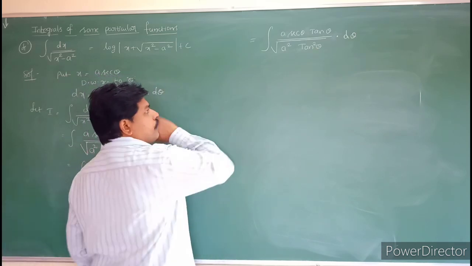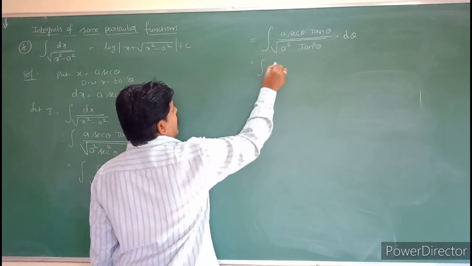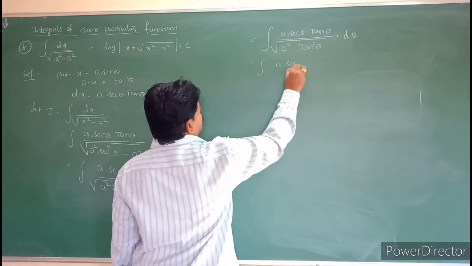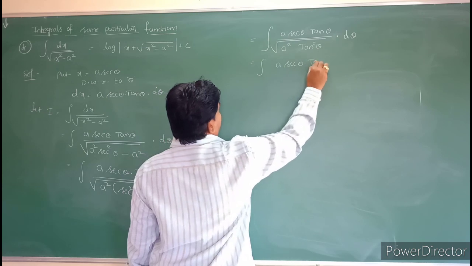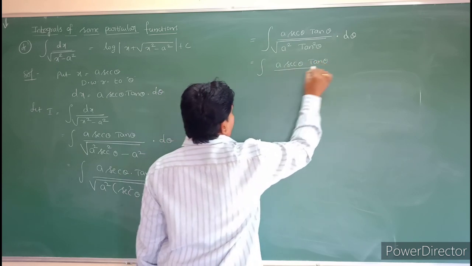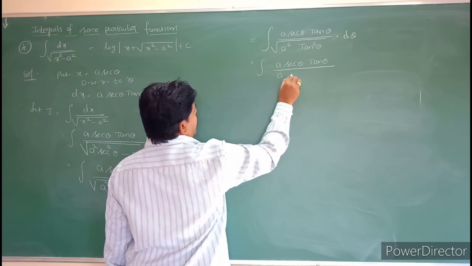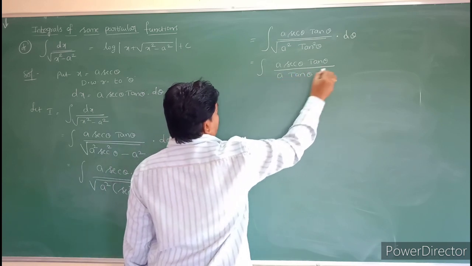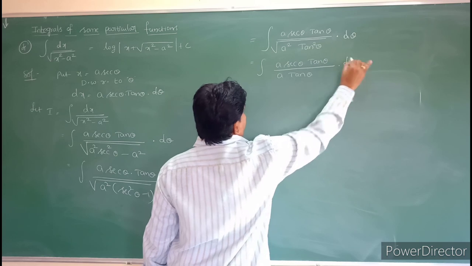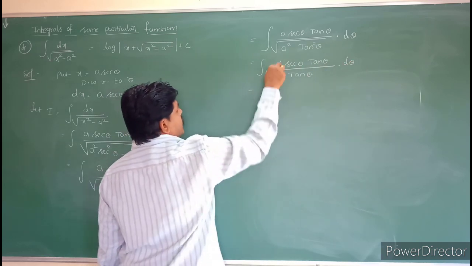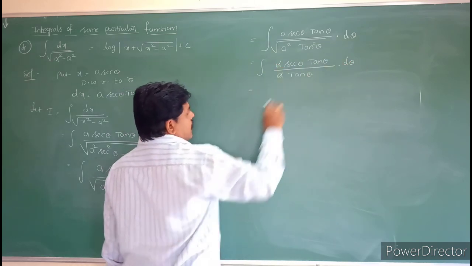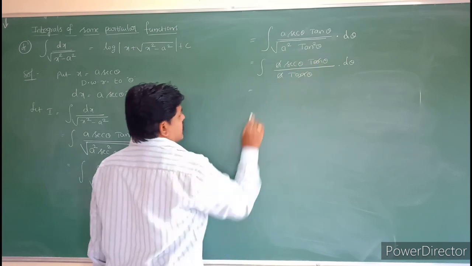Write down the formula. So that is equal to integral of a into secant theta into tan theta by, cancel the square and the root, a tan theta into d theta. Here a will be cancelled and tan theta will be cancelled.